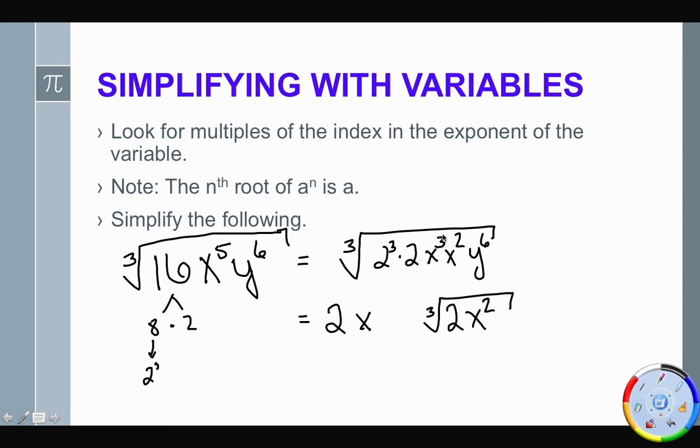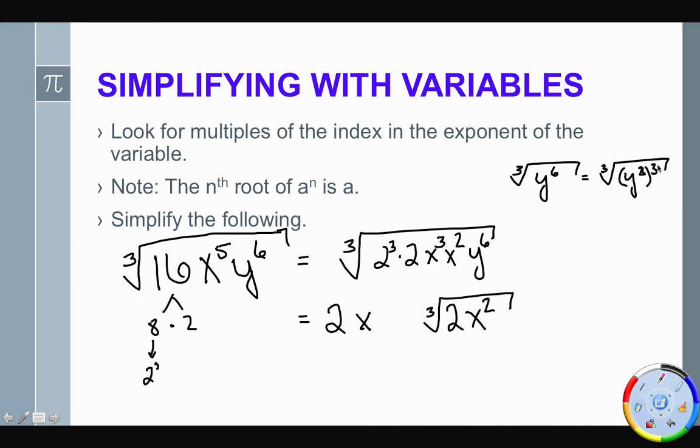And then the cube root of y to the 6th power. I want to take a look at this. If we looked at the cube root of y to the 6th, I want to show a little trick here. This becomes the cube root of y cubed squared, oops, sorry, I wrote those backwards, y to the 3rd, squared.